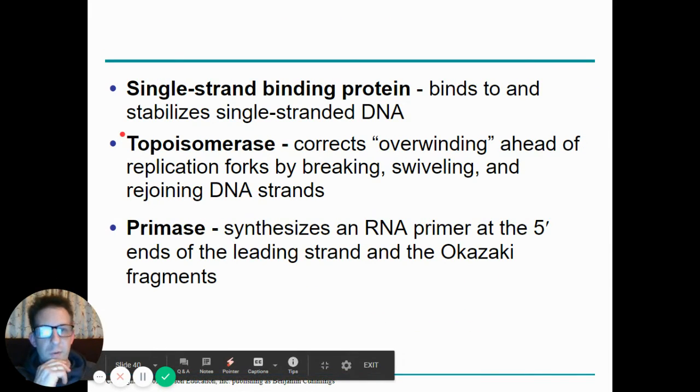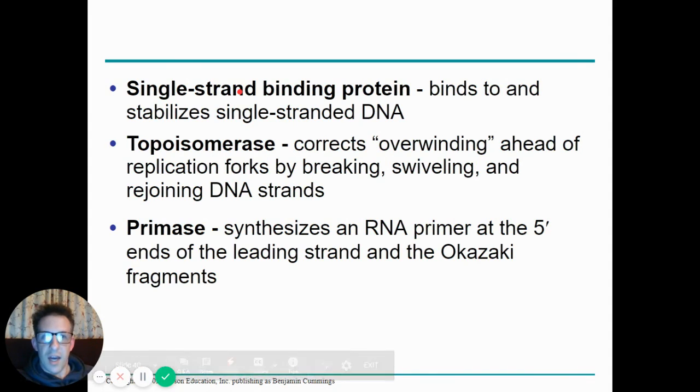Okay, a couple of other ones that are important here, known as single-stranded binding proteins, topoisomerase and primase. Primase we've already talked about. Topoisomerase and single-stranded binding proteins are also two important ones that we need to discuss a little bit, what they do. Now, after helicase unzips the DNA strand, the thing wants to naturally just bond back together.